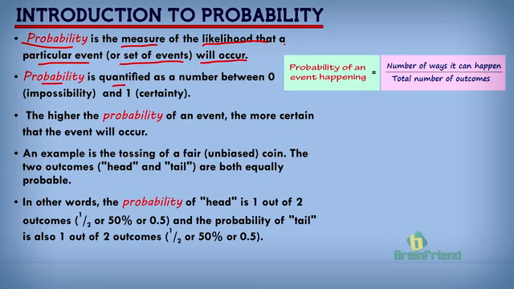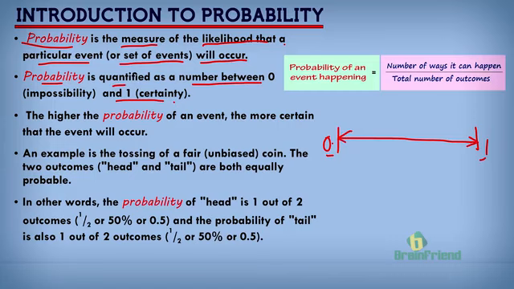Probability is quantified as a number between 0 and 1. If we have a probability line that looks something like this, a continuum from 0 to 1, the point 0 quantifies the probability that an event will not happen, that is impossible, while 1 represents the probability that an event will certainly happen.